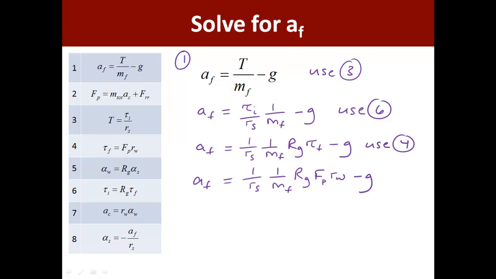Now the unknown in our equation is fp, so we will use equation 2 to substitute something in for f sub p.